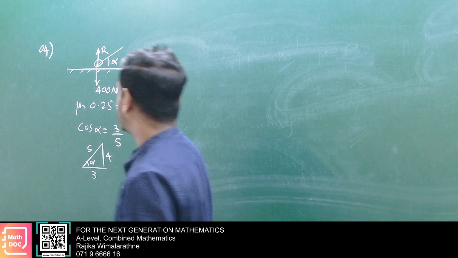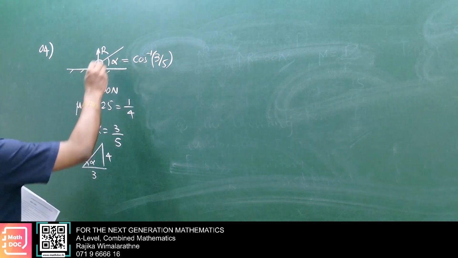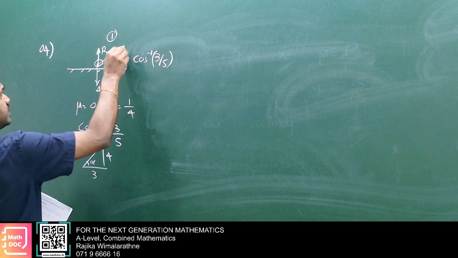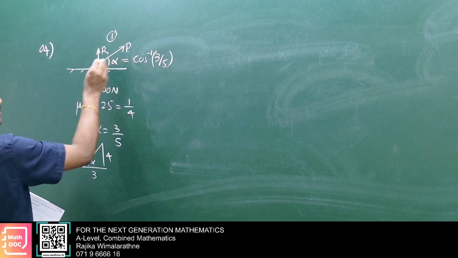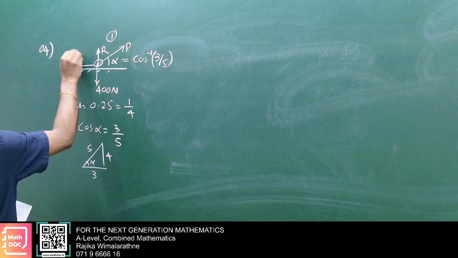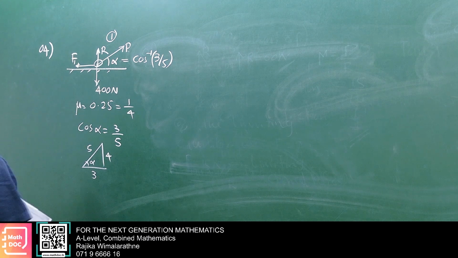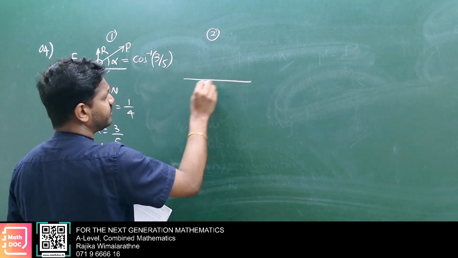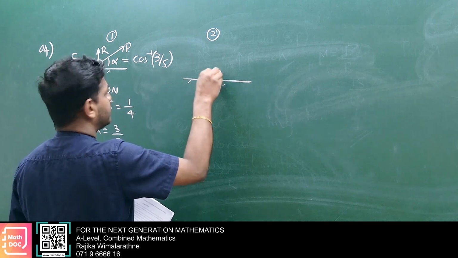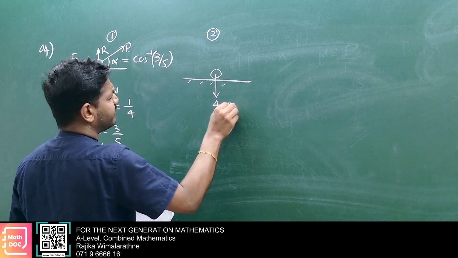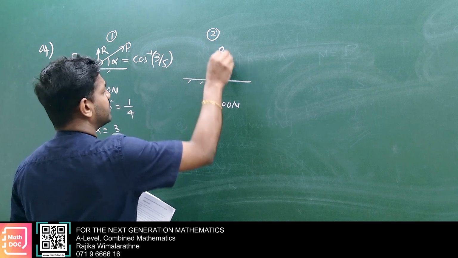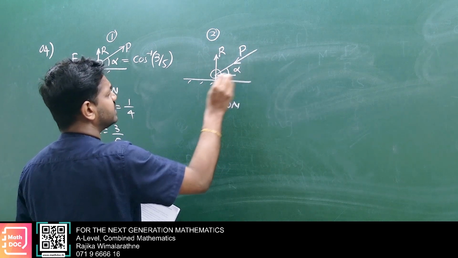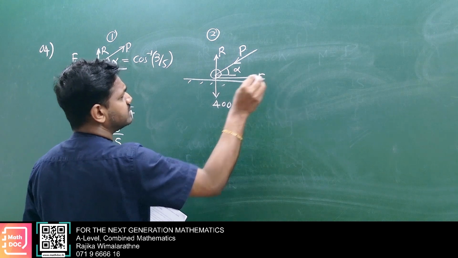Okay. So here let's consider two cases. Case number 1, you just give a force like this, P, then friction appears like this, say F1. Now case 2, you consider 400 Newton, reaction R. So mark force P like this, same inclination, now friction in the opposite direction.